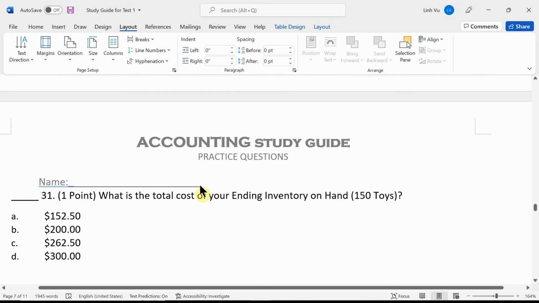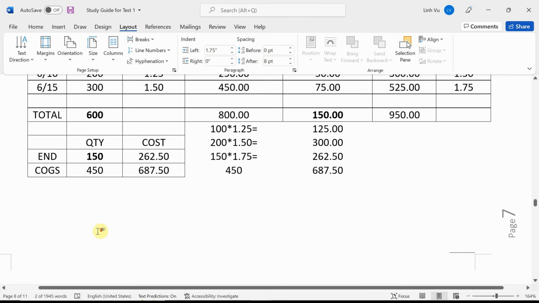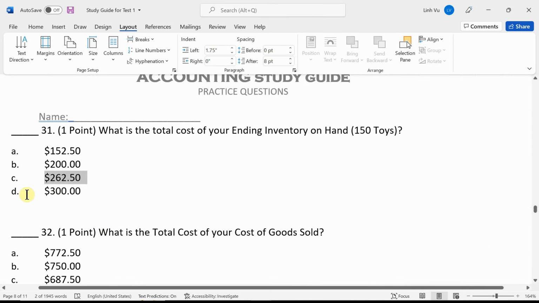Question number 31. Okay, what is the total cost of your ending inventory on hand? Your 150 toys. Right, the 262.50 is what we solved for. Okay.